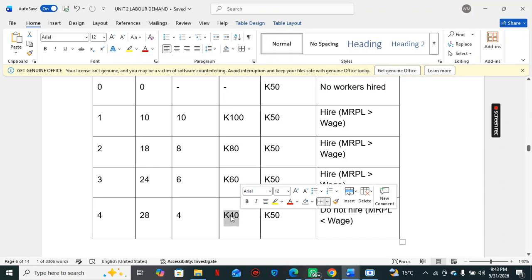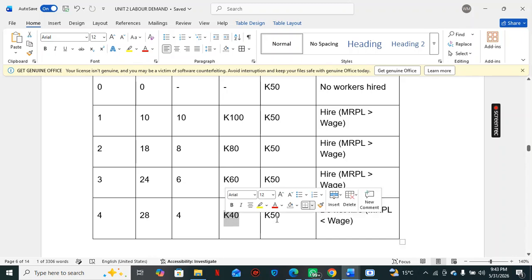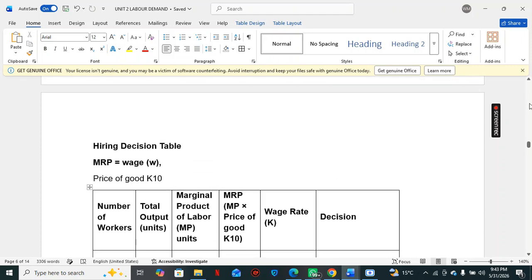This worker is bringing less extra revenue than what they're getting paid, so you don't need to hire a fourth worker. So as a firm, you stop hiring where the marginal revenue product of labor equals the wage rate.